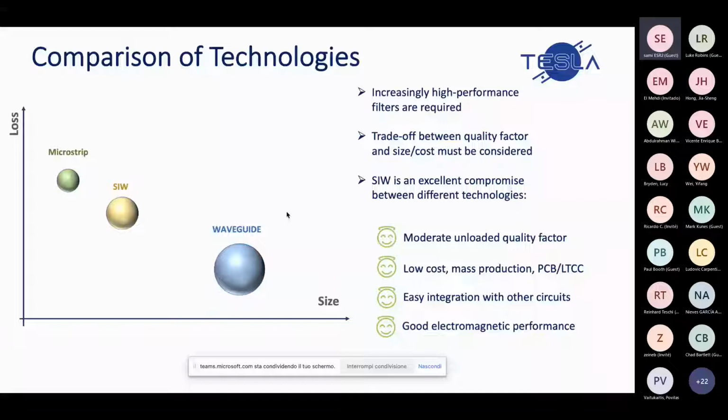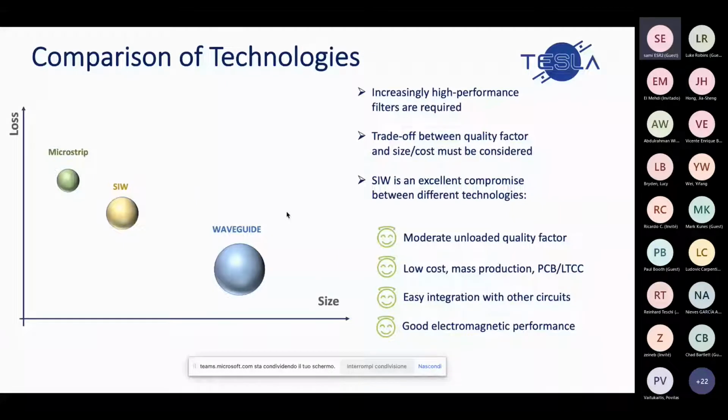They are used for their flexibility in the bandwidth, from narrower filters to octave bandwidth with excellent performance. However, this technology is too large and bulky, so it's necessary to find, as I said, a trade-off between spurious performance, loaded quality factor, and assembly and specification. Coaxial substrate integrated waveguide can be a solution, a good compromise.